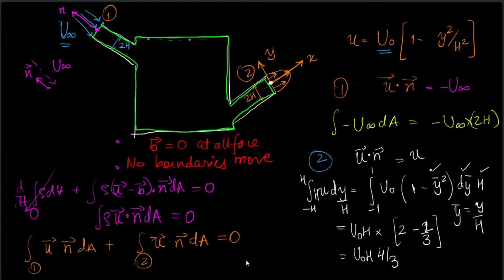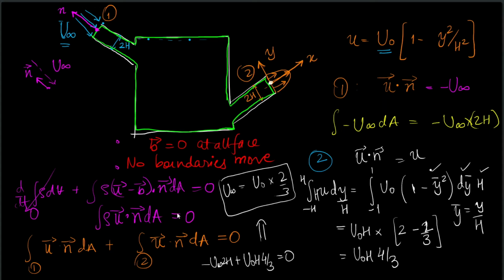So if we equate these, u naught h times 4 upon 3, so this is basically this term, and this particular term is minus u infinity into 2h. This is going to be equal to 0, and this implies u infinity is equal to u naught times 2 upon 3. This is the relationship that we are looking for.